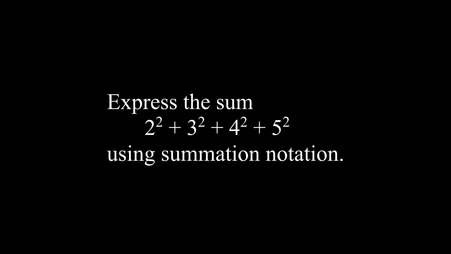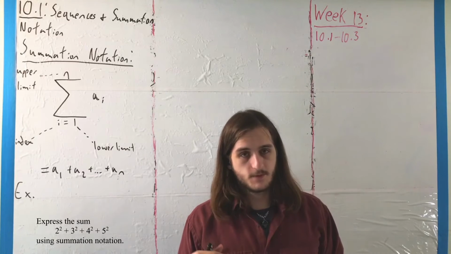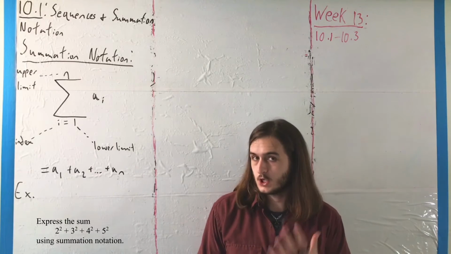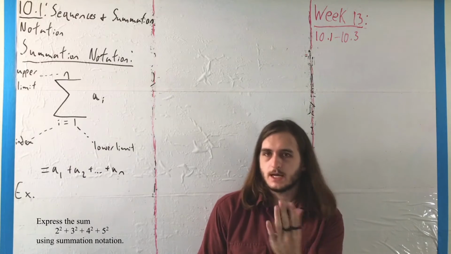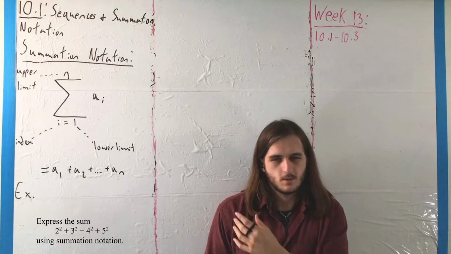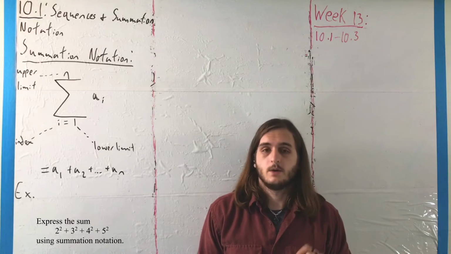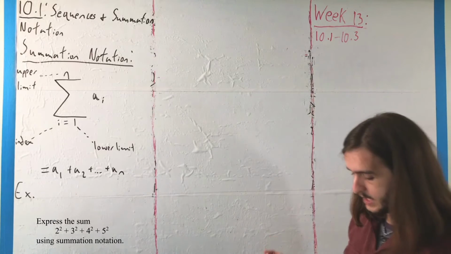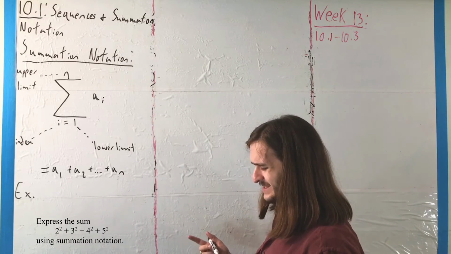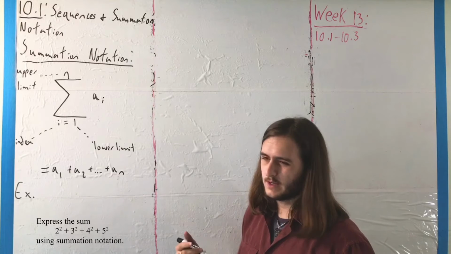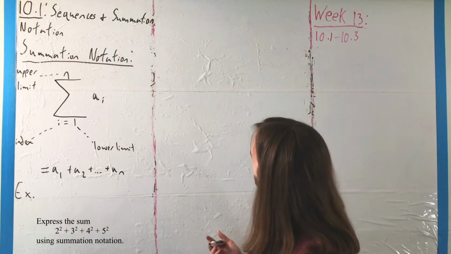So for our first example, we want to express the sum 2 squared plus 3 squared plus 4 squared plus 5 squared using summation notation. For this, what we want to recognize essentially is the types of patterns that occur in that addition, so we can condense it down into that more concise notation. If we look at this carefully, we are starting at something like n equals 2 and going up to some value 5.